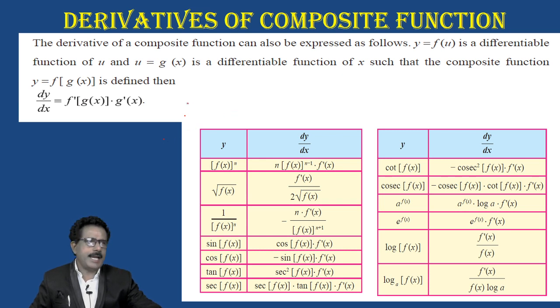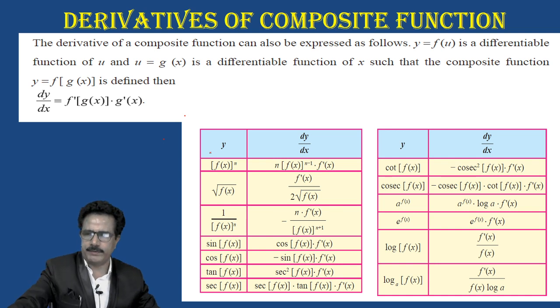Yesterday we saw the different formulae for the derivatives of composite functions. Now, how to take the derivatives of composite functions? First of all, I change the color of the pen.